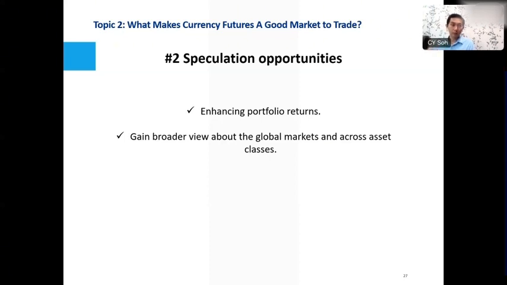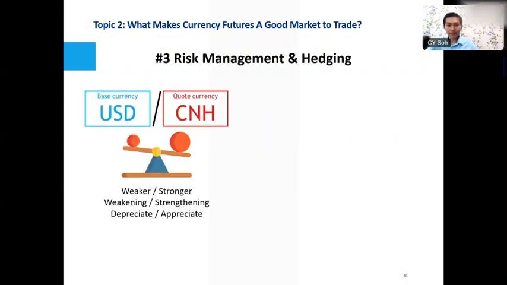You will be looking at global fundamentals, and at fundamentals across asset classes. So this is where you are able to gauge the intermarket relationships between asset classes and make better overall investment decisions. And the third benefit of currency futures trading is in fact risk management and hedging.